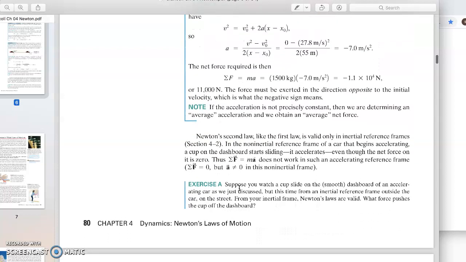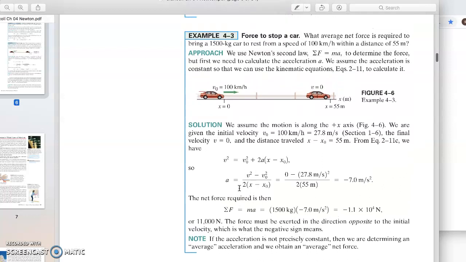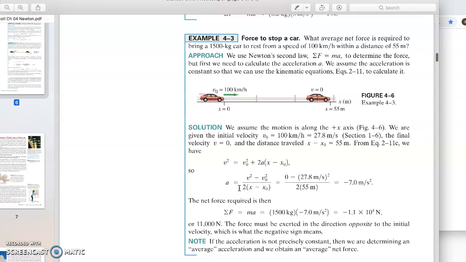We ended part 2 of chapter 4 by mentioning this example, and I mentioned that this is a very good example because it merges, or basically joins, the two concepts of equations of motion.